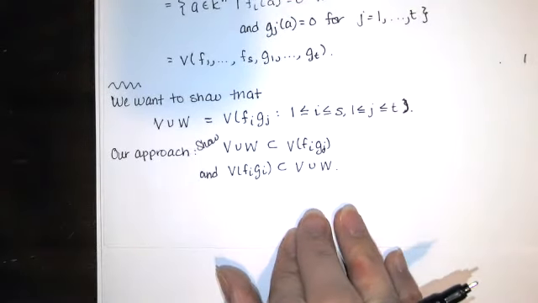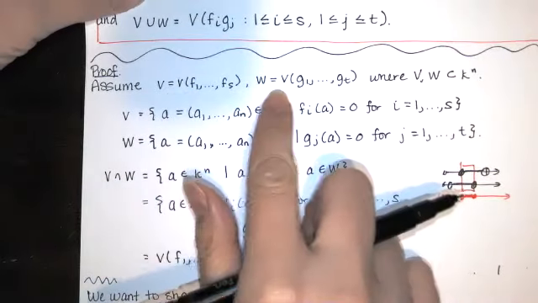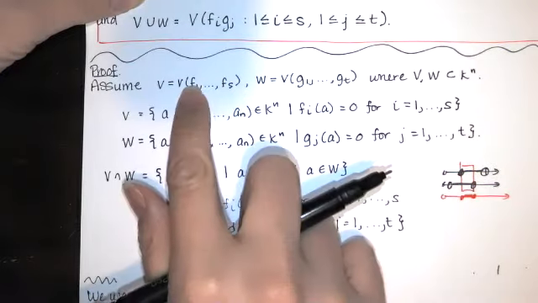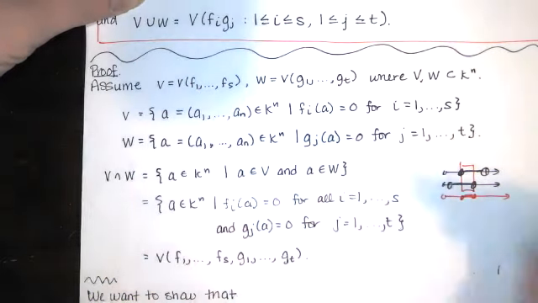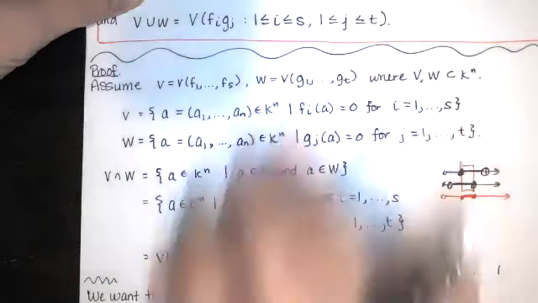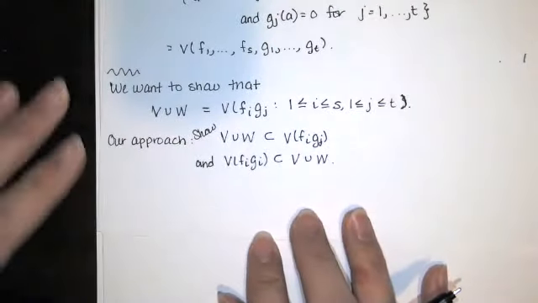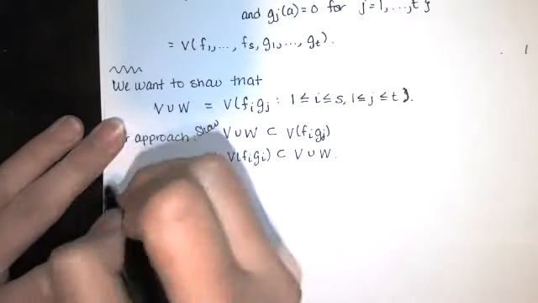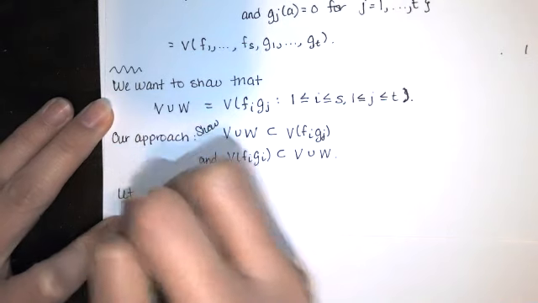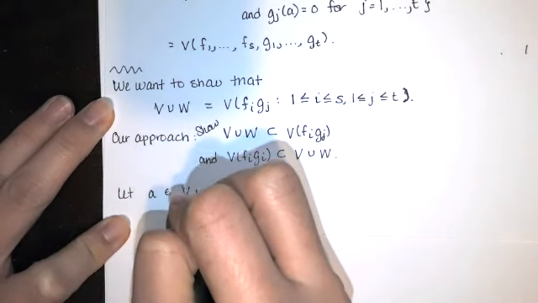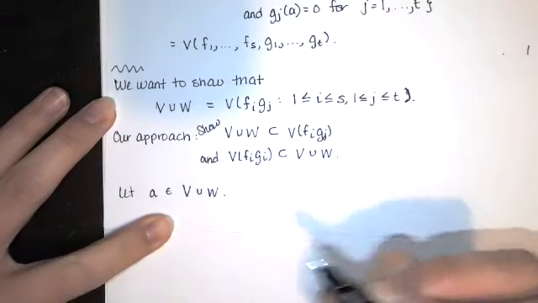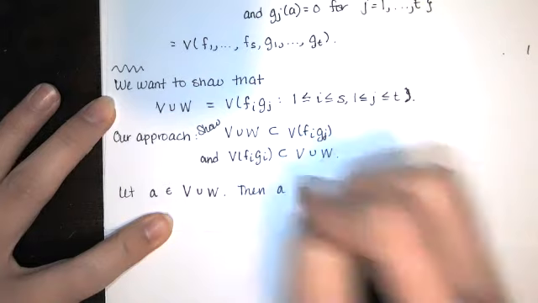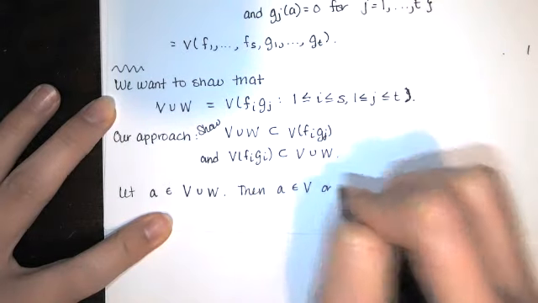So we're still making the same assumptions about the structure of V and W. V is in n-dimensional affine space, and it's defined by the polynomials f sub 1 through f sub s, and W is defined by the polynomials g sub 1 through g sub t. And now we want to start with a point in the union of V and W. So we're going to say let A be an element of V union W. Well, just by the definition of a union, that means A is either in V or in W.